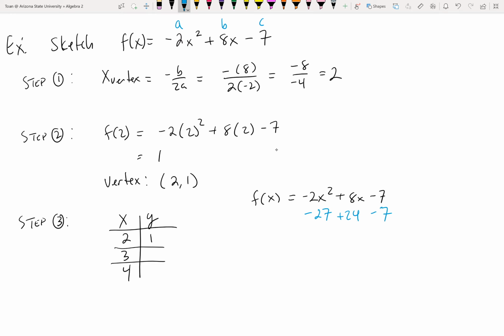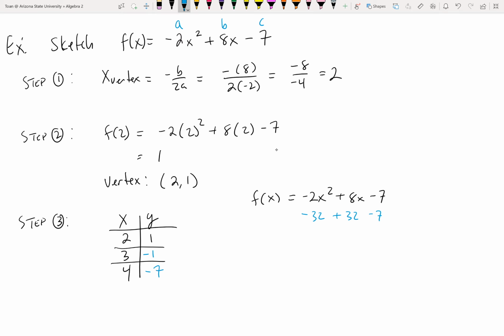Negative 18 plus 24 is a 6, minus 7, that's negative 1. There we go. And then when I plug in a 4, that's 16 times negative 2, negative 32, plus 32 minus 7. That's going to be a negative 7 there.